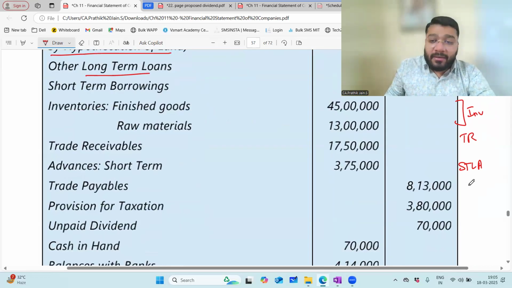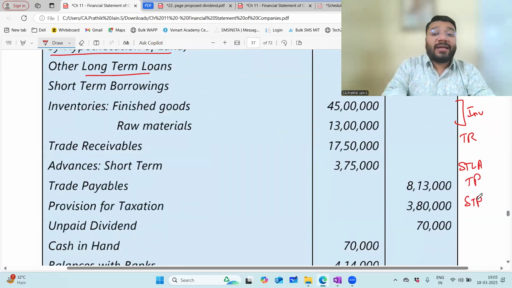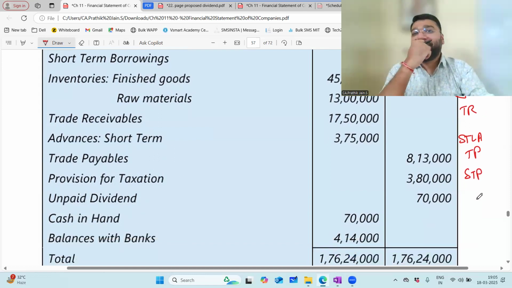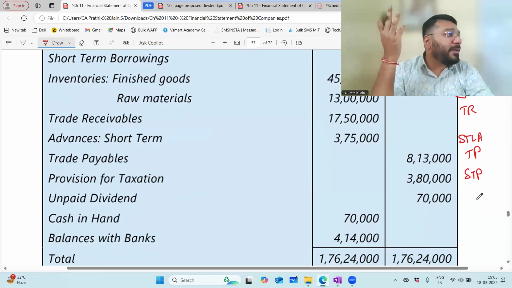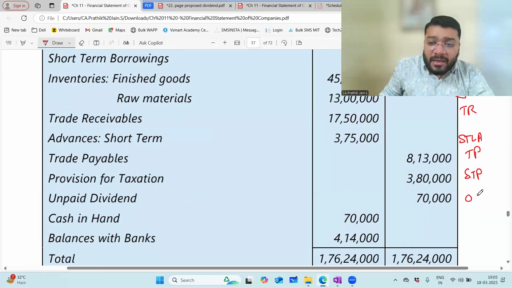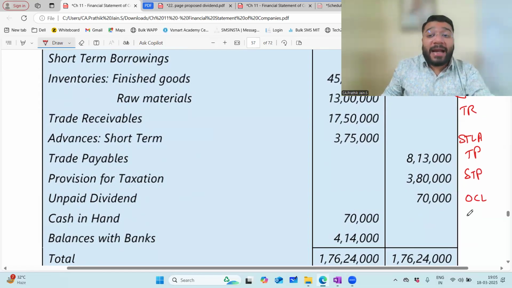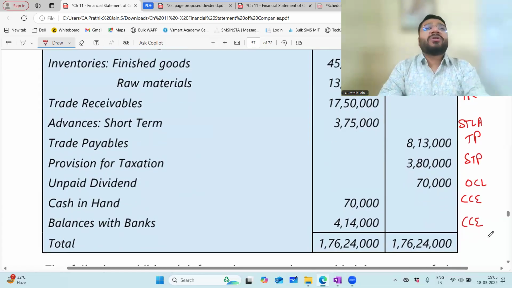Trade payable. Provision for tax. Short-term provision. Unpaid dividend. In the current year, the dividend is declared. We made the payment, but the payment did not go through. So payment did not happen. It's unpaid dividend. Other current liabilities. Cash in hand. Cash and cash equivalent. Balance with bank. Cash and cash equivalent. Balance sheet looks very friendly. Because everything we know. Correct, no, Kritik?